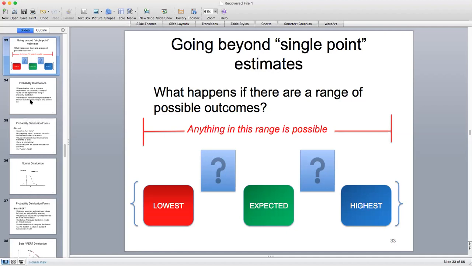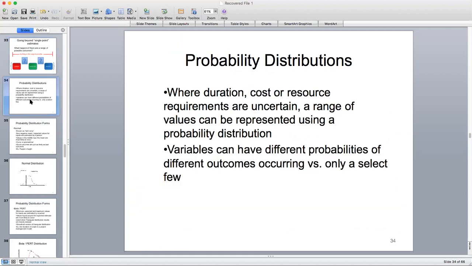So to solve this problem, what we do is we use probability distributions. Okay, so using probability distributions, that can be done in terms of duration or time or cost or even resource requirements where there's some variability. Unless you believe in the world that everything is fixed and guaranteed, then you must believe that there are uncertain possibilities for the estimates that you use. You could be right or you could be wrong.